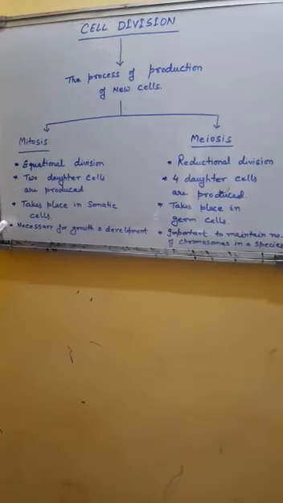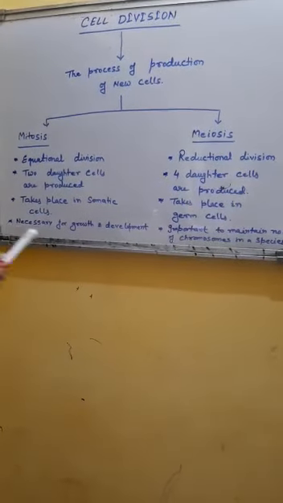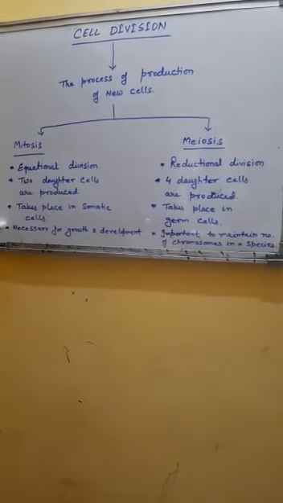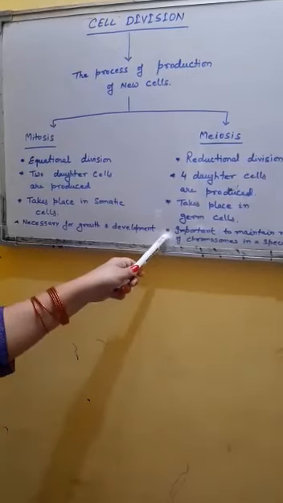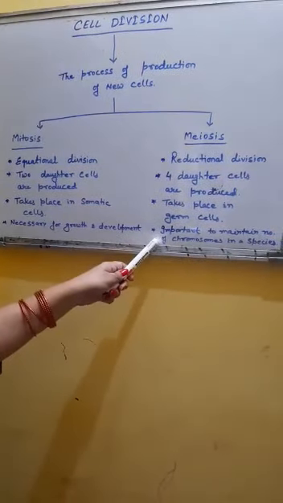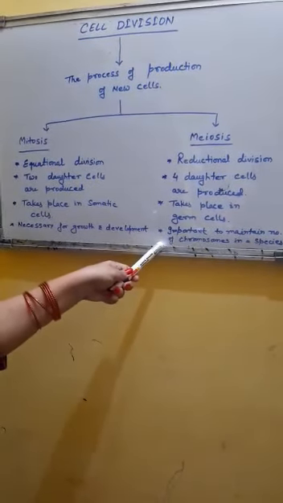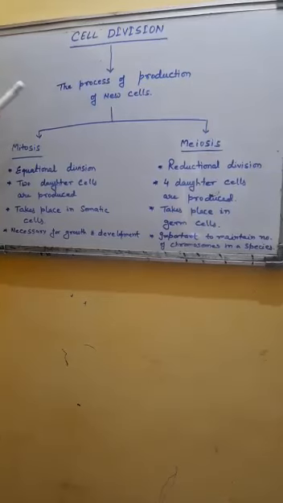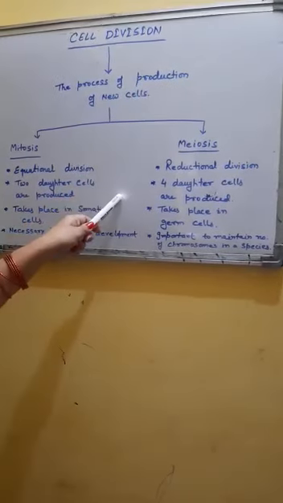In mitosis, 2 daughter cells are produced. In meiosis, 4 daughter cells are produced. Mitosis is necessary for growth and development of the body, and meiosis is important to maintain the number of chromosomes in a particular species. So, it is all about cell division and its types that you have to study.